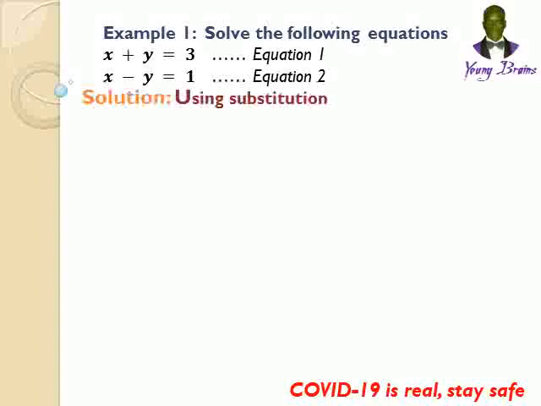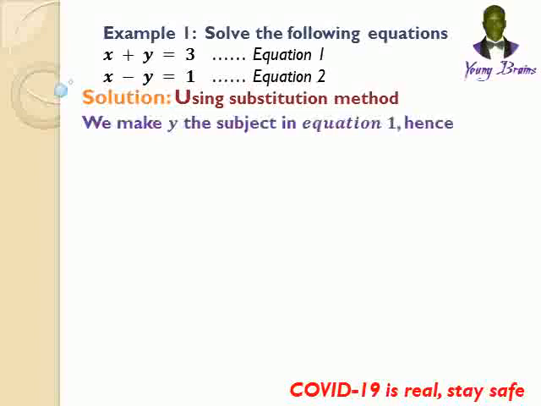Solution. We are making use of the substitution method, and in doing that, we have to make one of the variables the subject of the formula. That is, we either make x the subject of the formula or y the subject of the formula in any of the two equations. So we make y the subject of the formula in equation 1.